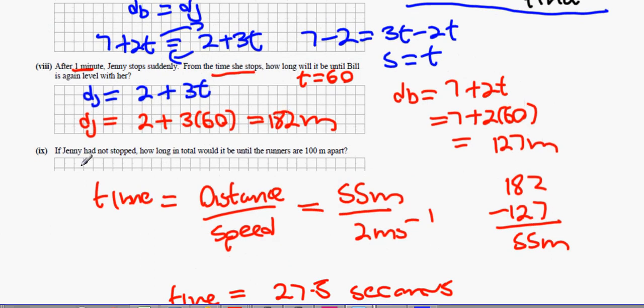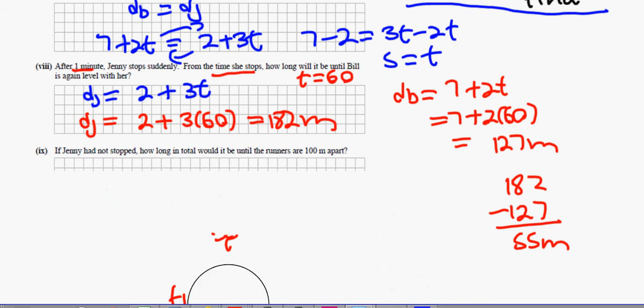If Jenny had not stopped, how long in total would it be until the runners are 100 meters apart? Okay, so if she didn't stop, there's a way we can do this in 2 different ways.